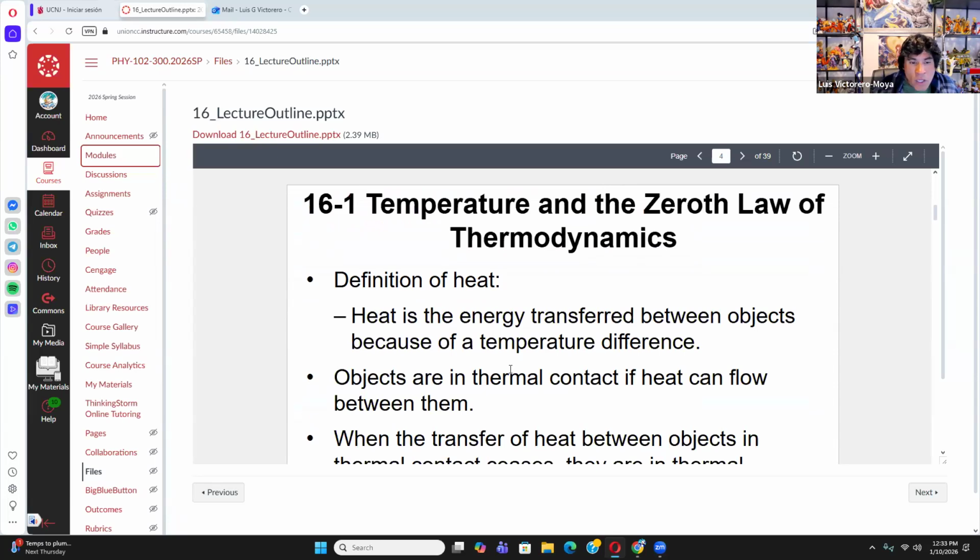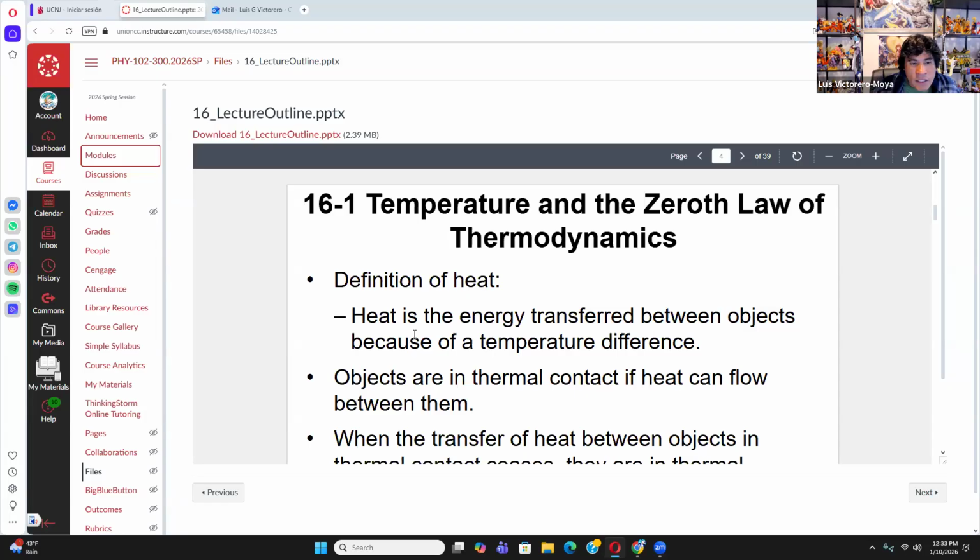For example, in astronomy, we use kelvins to determine the temperature of stars, of the inner core of stars, and of course of other celestial bodies. Celsius is what we use normally in daily life. And here in the US, we are accustomed to use Fahrenheit.